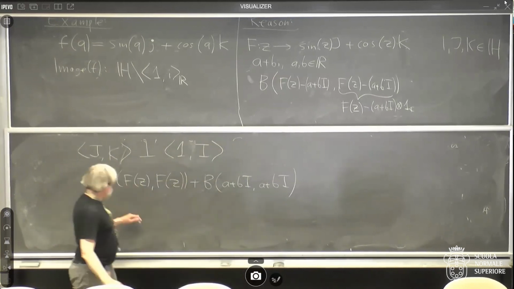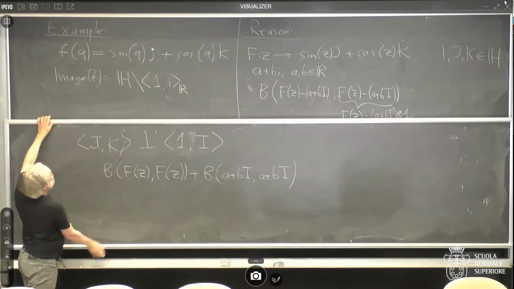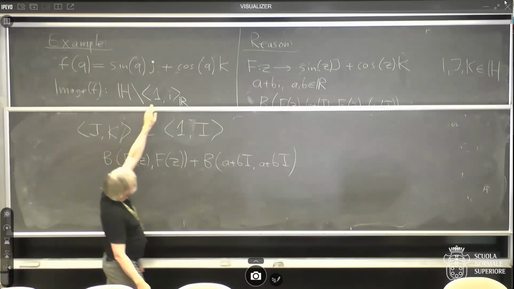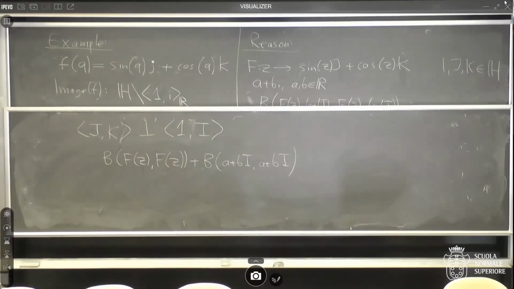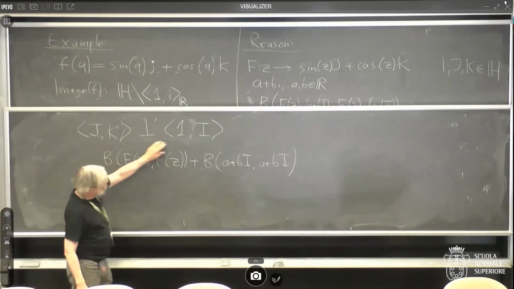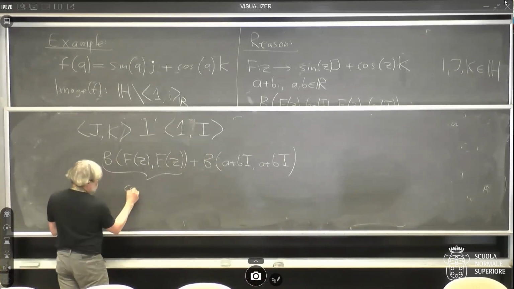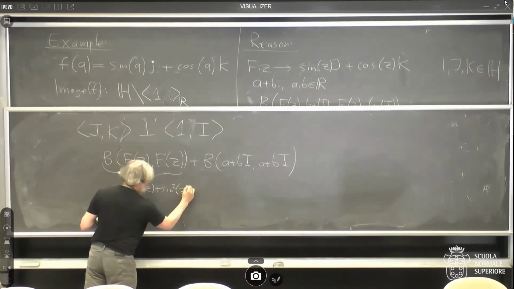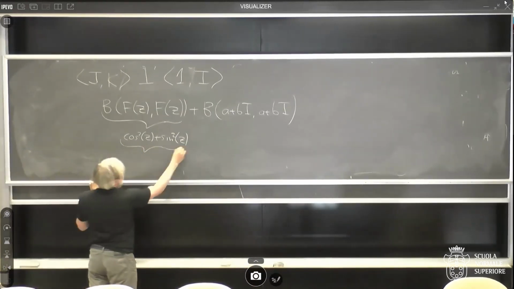This is true because this function has a special form: we have a quaternionic power series, and the quaternionic power series only contains coefficients which are multiples of J and K. And therefore, we get inside of the space generated by J and K. Then we can use this orthogonal decomposition and just calculate. And here we get cosine squared z plus sine squared z. And of course, this is just 1.